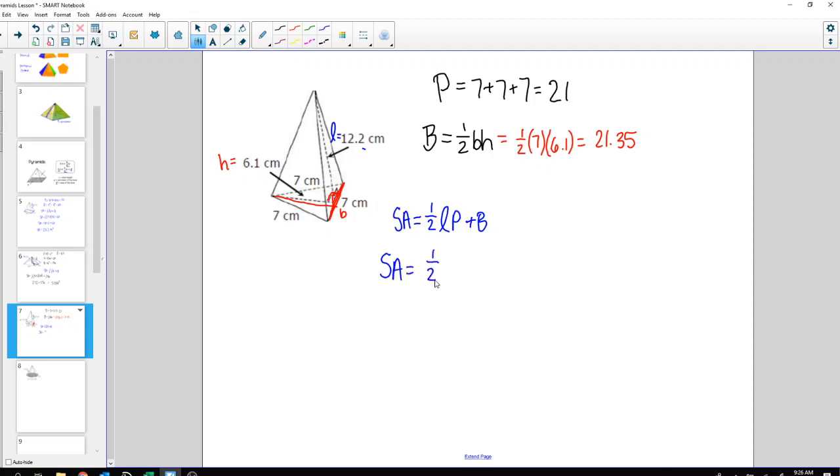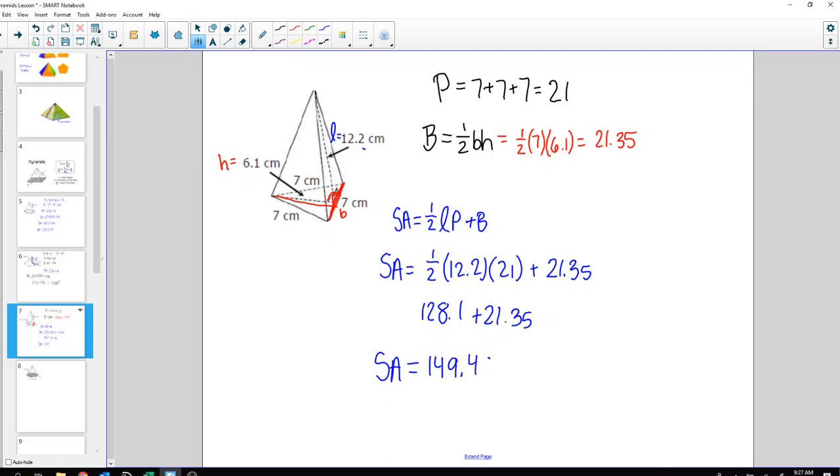So surface area is 1/2 times that lateral height, or that slant height, which is 12.2, times the perimeter, which is 21, plus the area of my base, which I already found to be 21.35. So the surface area, I get 128.1 plus 21.35. So the surface area of this pyramid here is 149.45, and then centimeters squared.